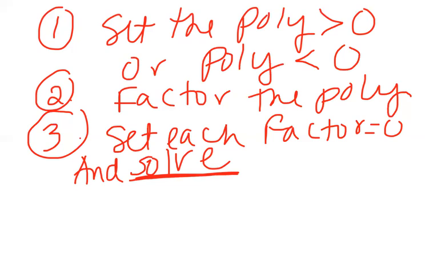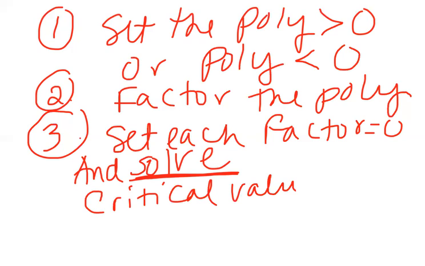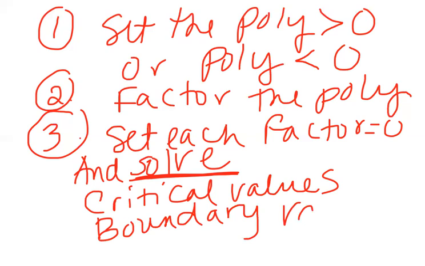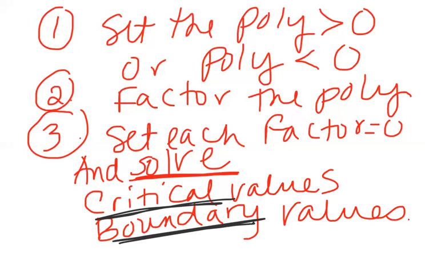We call them critical values or boundary values. Once again, guys, once you set the polynomial equal to 0, set each factor equal to 0 and solve, those values that you're finding, refer to them as critical values or boundary values. And I'm going to show you why we refer to them as critical or boundary values.